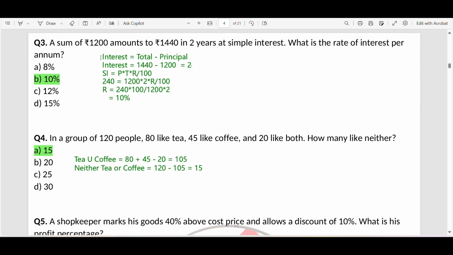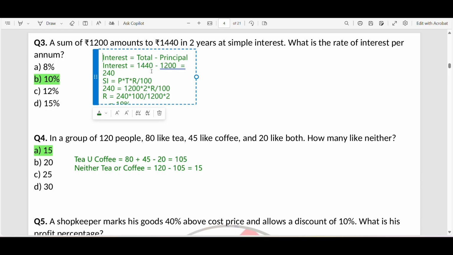So we have to find the rate of interest. Before finding the rate of interest we need to first find the interest, by subtracting the principal amount from the total amount. So interest equals total minus principal, as I have given here. The total amount was 1440, and the principal amount was 1200.